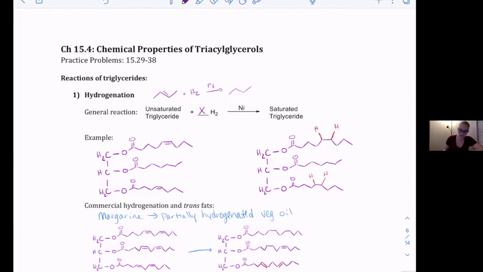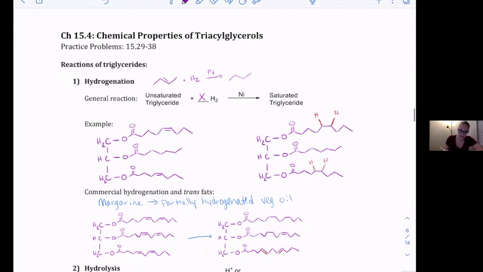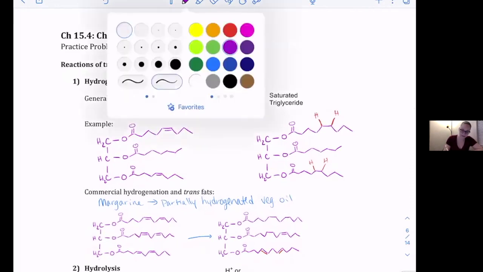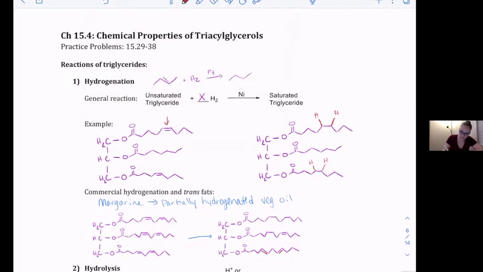So if I had this triglyceride here shown, you can see that we have these two double bonds. Remember that most triglycerides are not the same all the way across, or all three fatty acids are not always the same. So in this case, we have two fatty acids that are the same and one in the middle that's different.